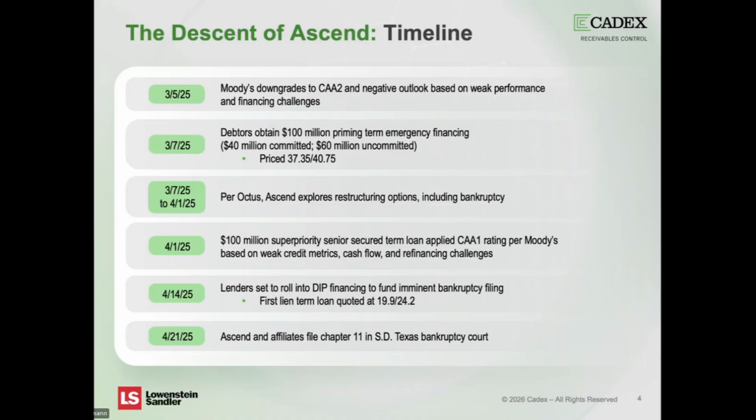And then over the following month, we're not putting them all here. Just trust us that in that bullet, March 7th to April 1st, 2025, Octus, a media outlet we talked about in the last segment, is regularly sending updates regarding the fact that Ascend is exploring, you hear those buzzwords, right? Alternative options, restructuring options, et cetera.